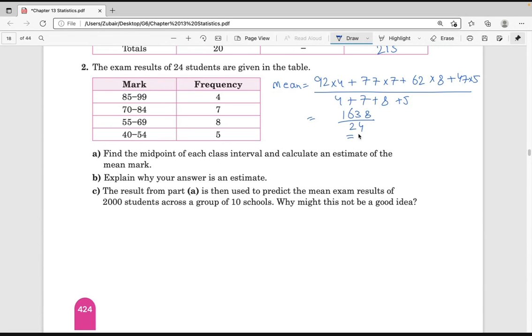So 1638 divided by 24, I get 68.25 as mean.